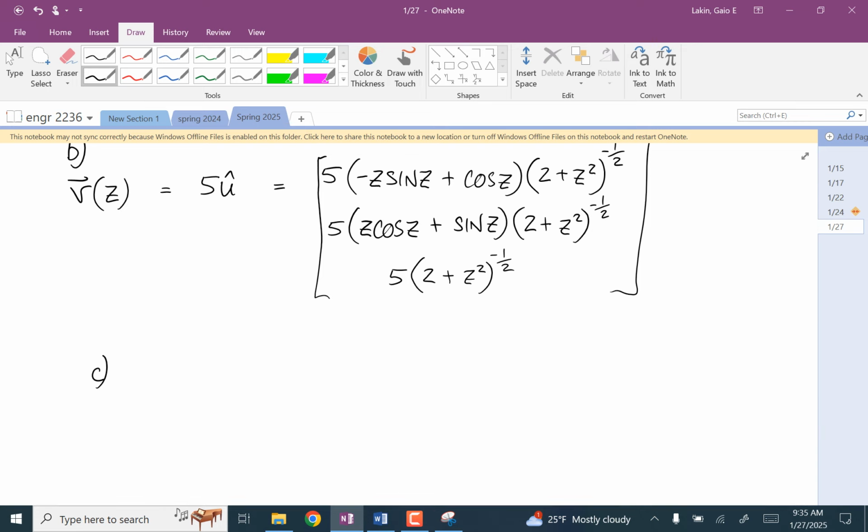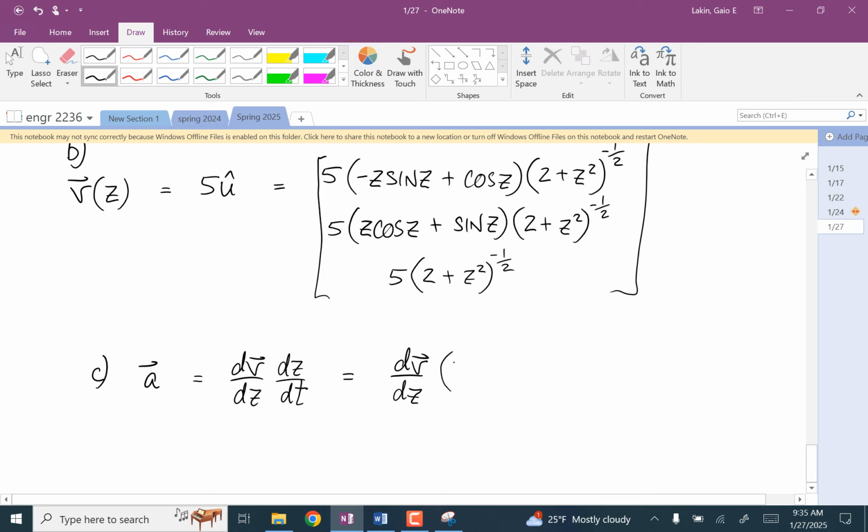That means dv/dz times the quantity 5 times 2 plus z squared to the negative 1/2, because dz/dt is the z component of the velocity vector.